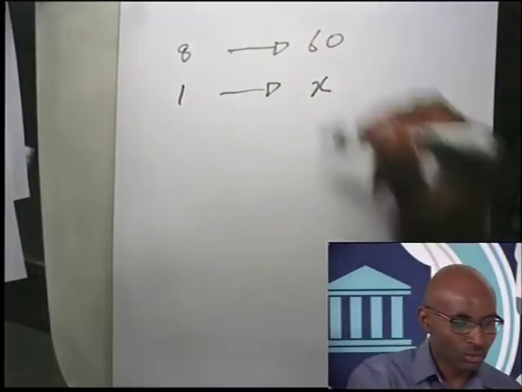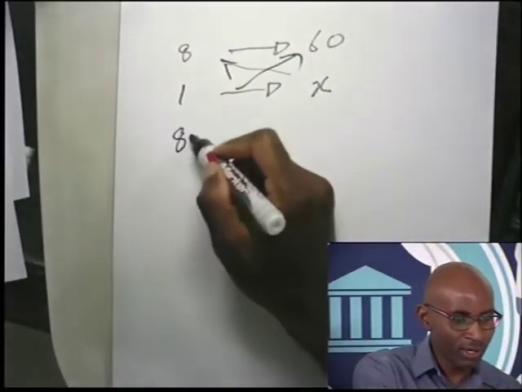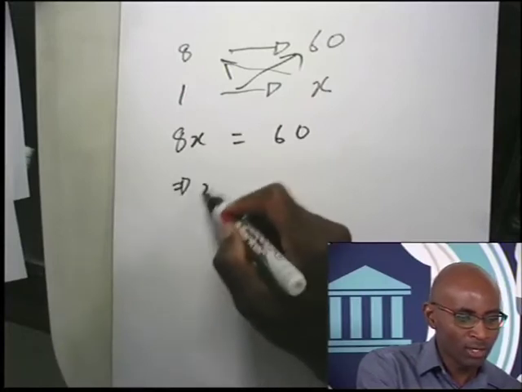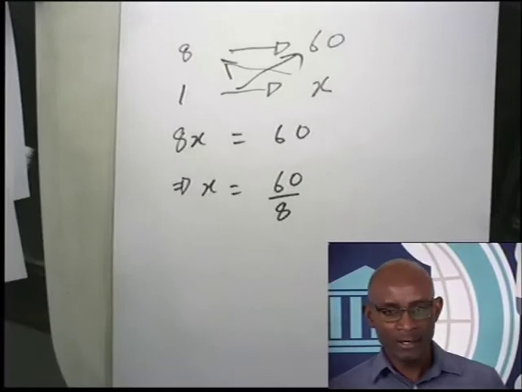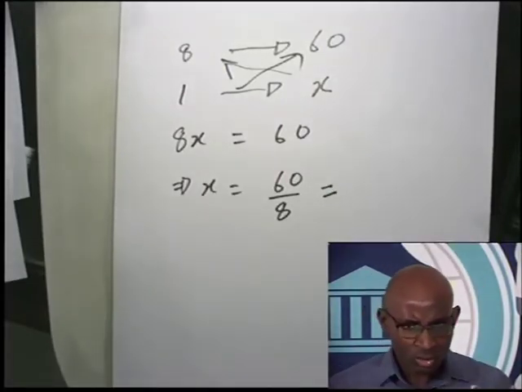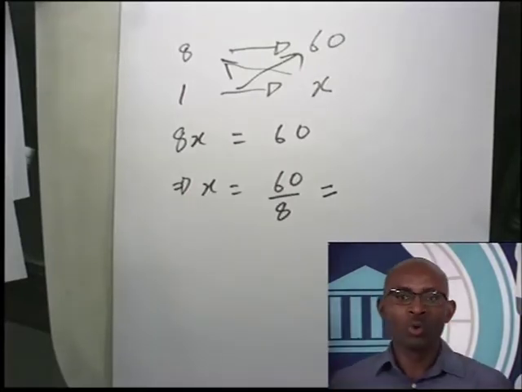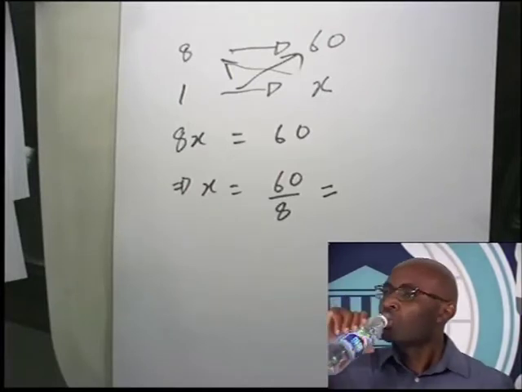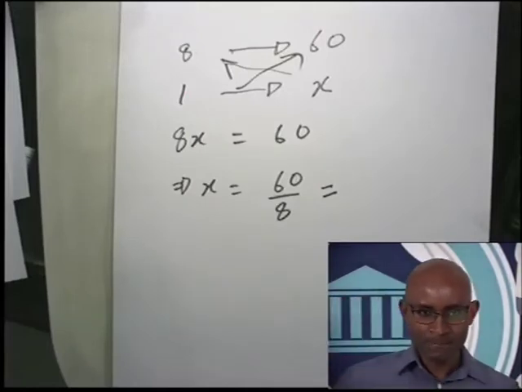So you can cross multiply, and that gives you 8x equals 60, and therefore x equals 60 divided by 8, and that should give you the cost of 1 packet of sugar, or the amount of money that the shopkeeper will pay for 1 packet of sugar.